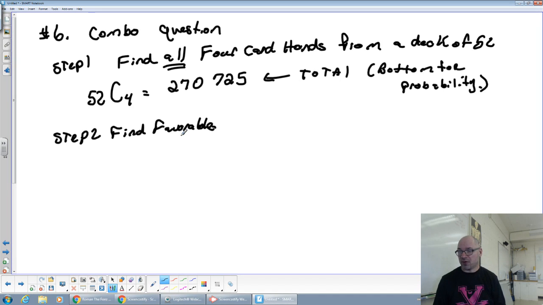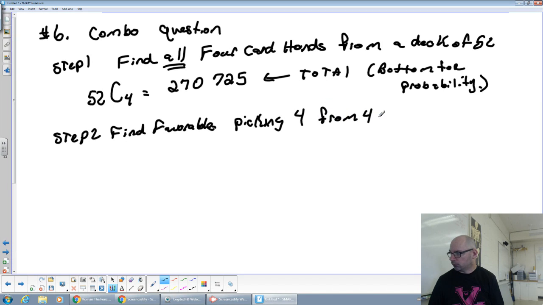How many ways can you get all four aces? So you're picking four aces from four total aces, and order doesn't matter. So that's 4C4, which equals 1.